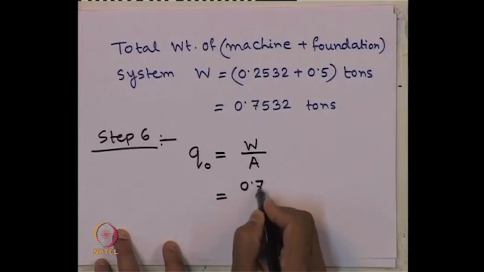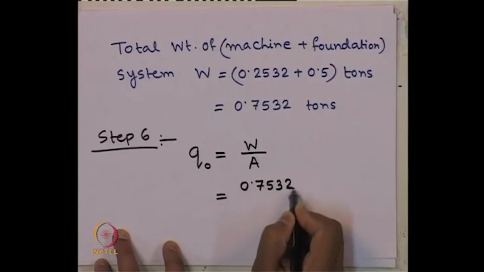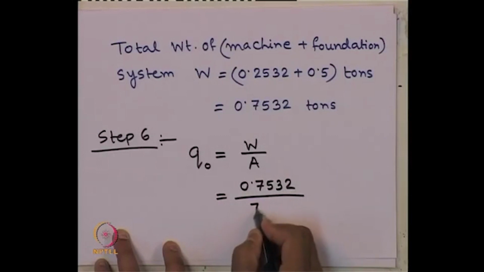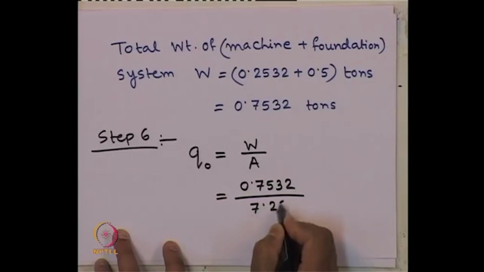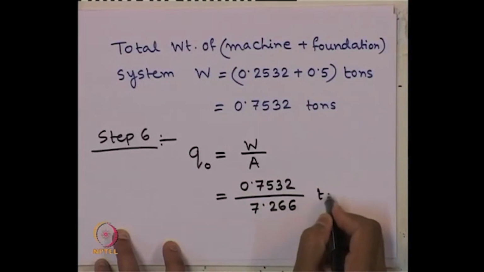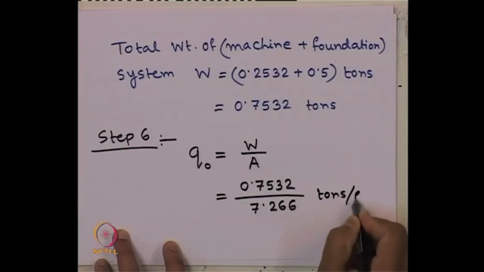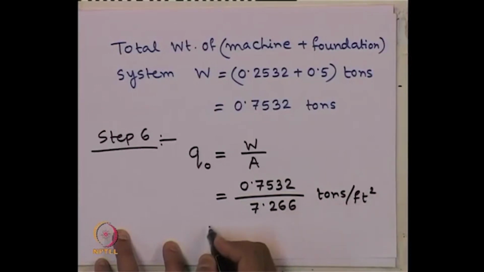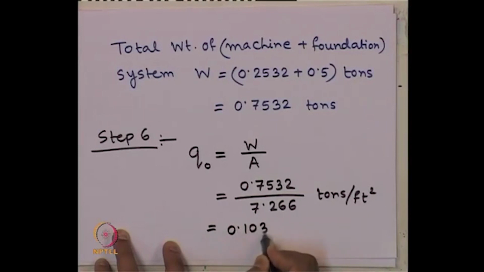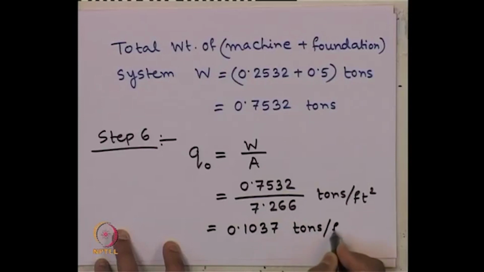So, 0.7532 by 7.266 ton per feet square. If we calculate this, we will get 0.1037 tons per feet square. This is Q naught.